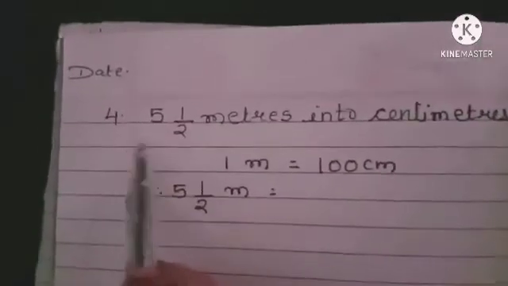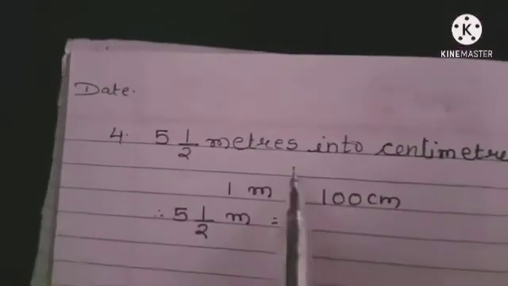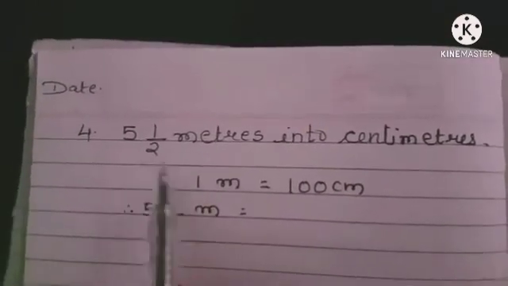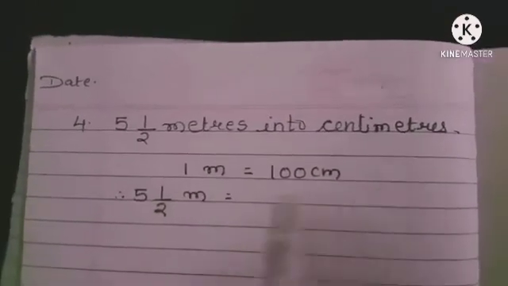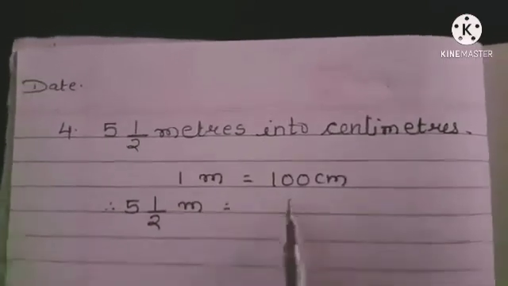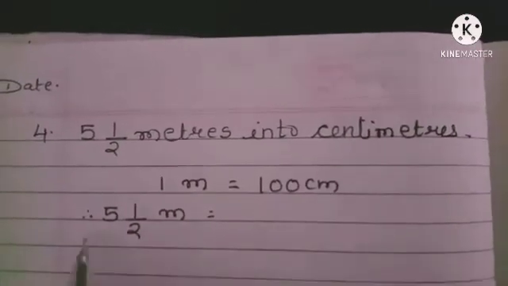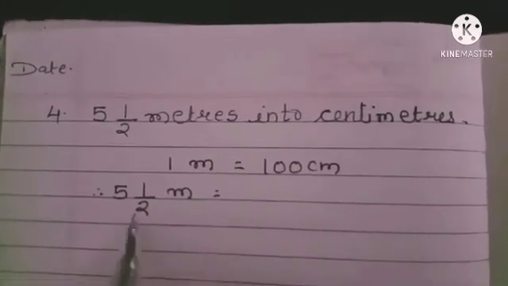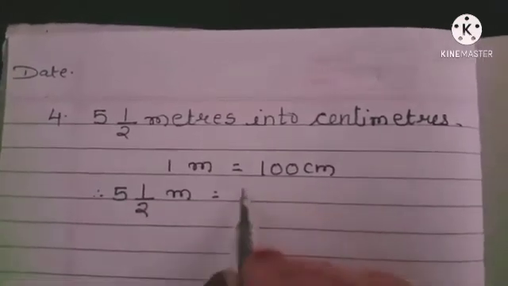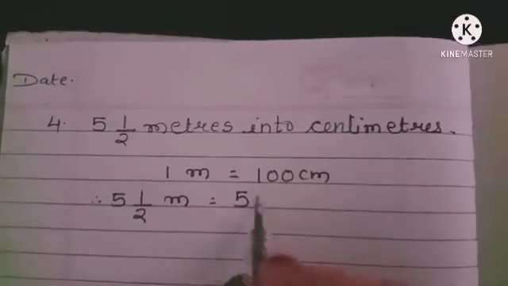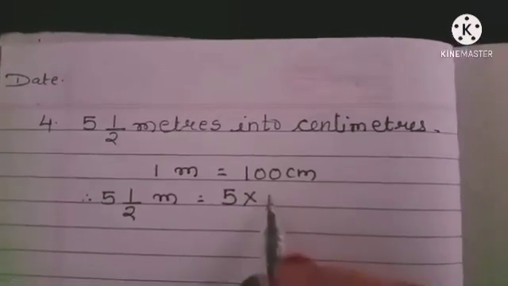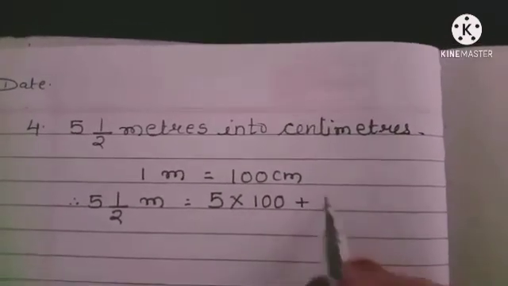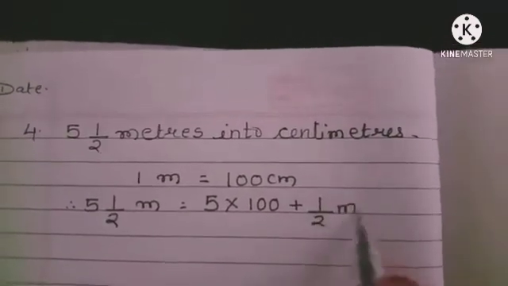Now see this fourth question, 5.5 meters into centimeters. So we have to convert this 5.5 meters into centimeters. So you know that 1 meter is equal to 100 centimeter. So here 5.5 meters. You know that this is 5 meter and a half meter. So we will write it separately. So this is 5. We have to multiply this 5 meters by 100 centimeters and then it is plus half meter.